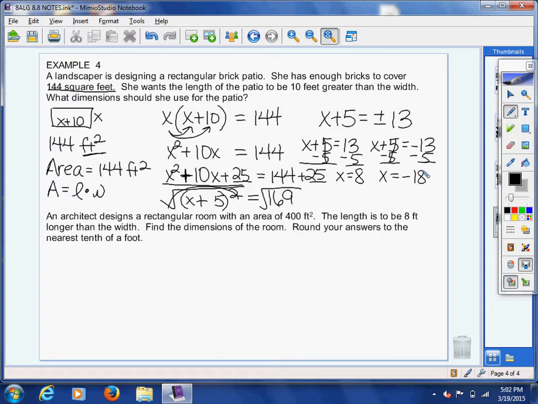Now remember, when you are measuring in feet, there's no such thing as negative feet. There's no such thing as, oh, well, my width is negative 18 feet. Well, no, it's not. You can't use a negative number when we're measuring distance in feet or inches or centimeters. So you got to mark that out.